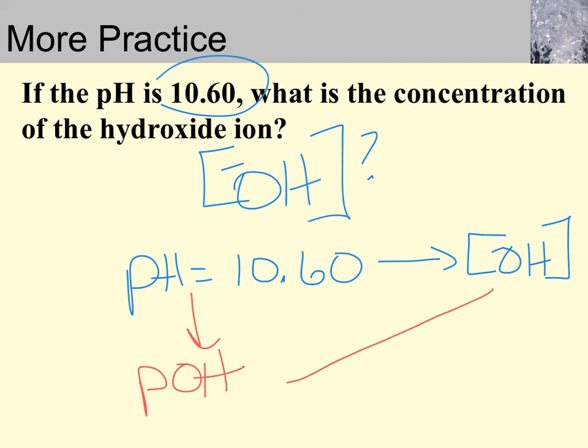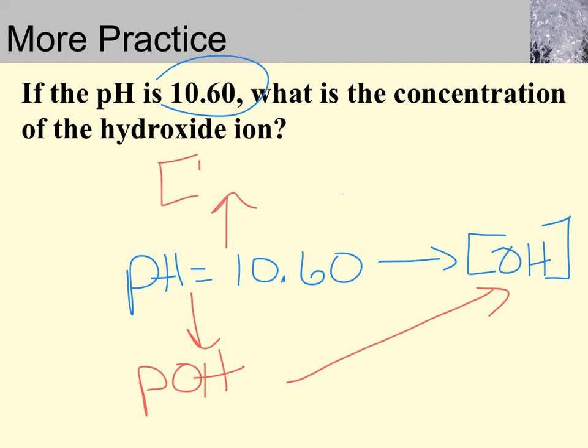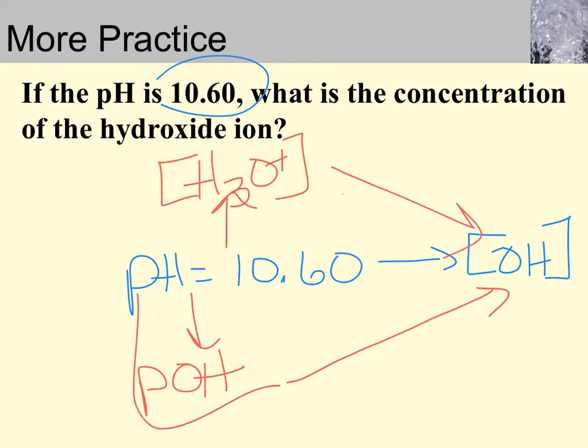And then convert to hydroxide. Or another approach that you might take would be to convert the pH to hydronium ion concentration, and then convert hydronium ion concentration to hydroxide. I prefer the bottom route. It's just easier for me, but they will both give you the right answer.